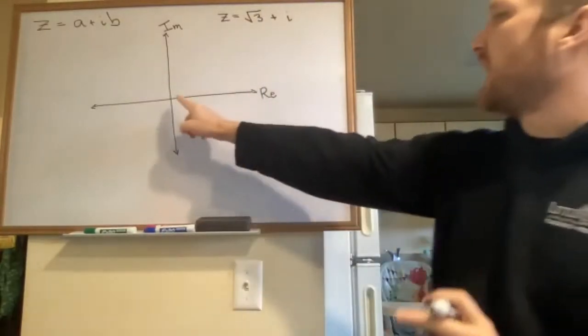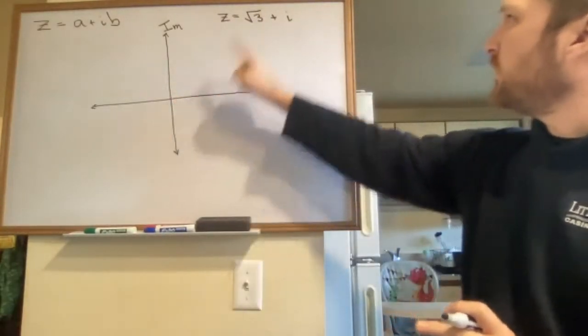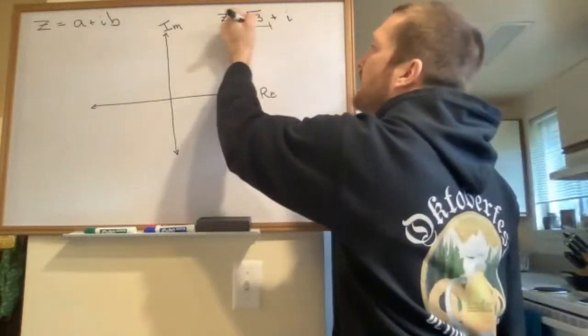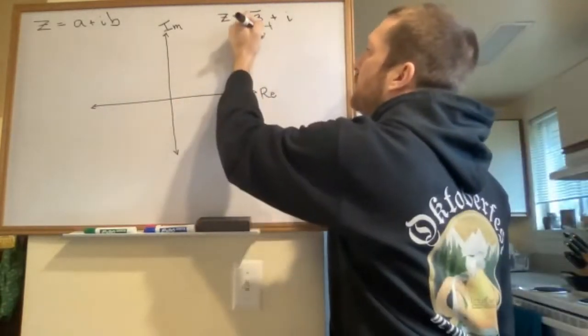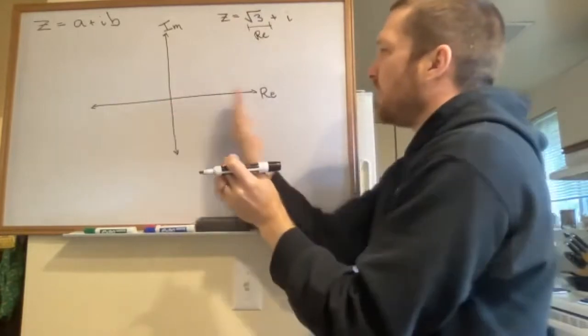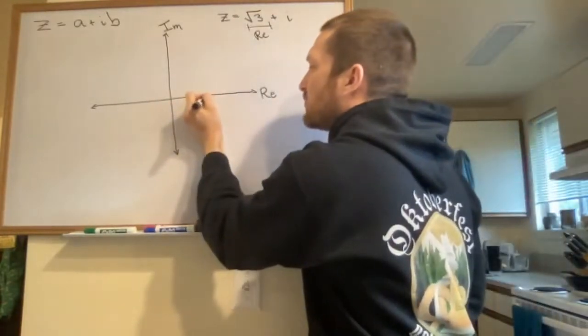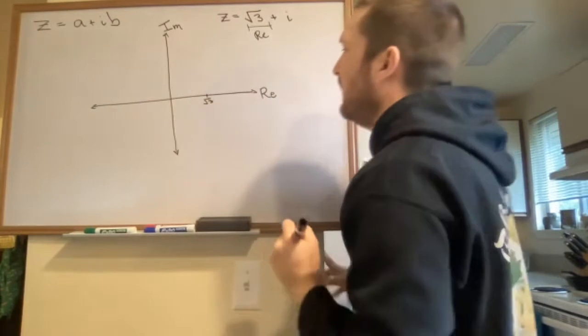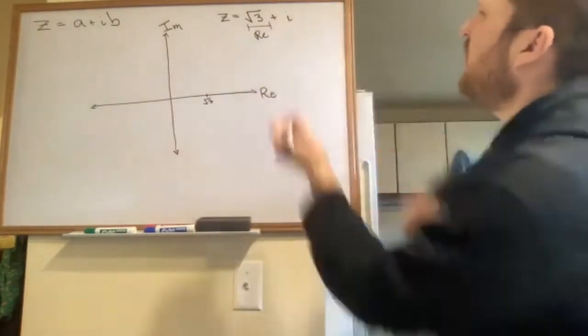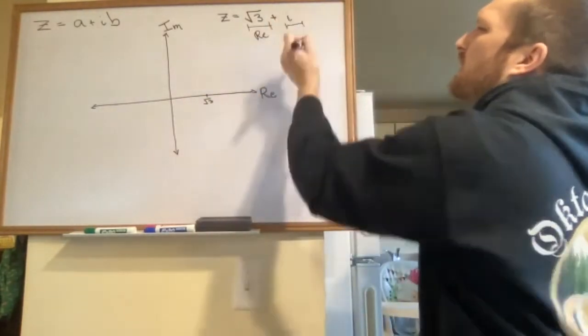We could graph this guy. We could say, well, the square root of 3 is the real part, right? And so the real value that we would go over to would be the square root of 3. And then what's the imaginary value here?